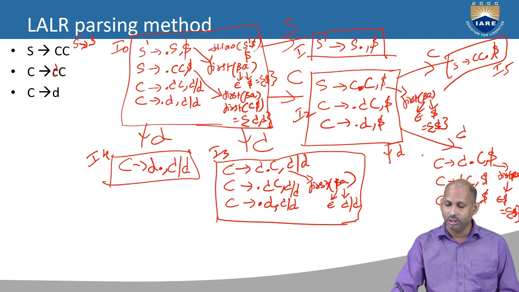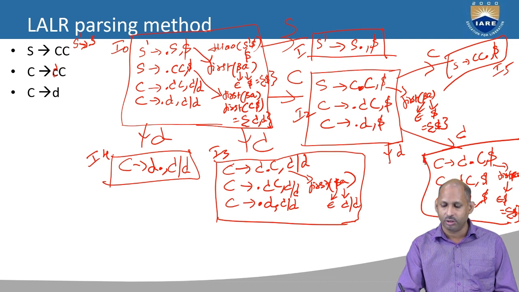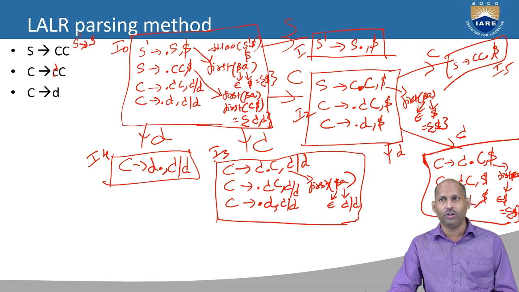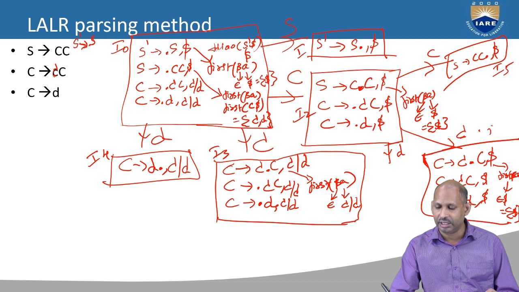This group is completed because dot is followed by terminal symbols. So the group is completed. Right? So simply we call it I6.